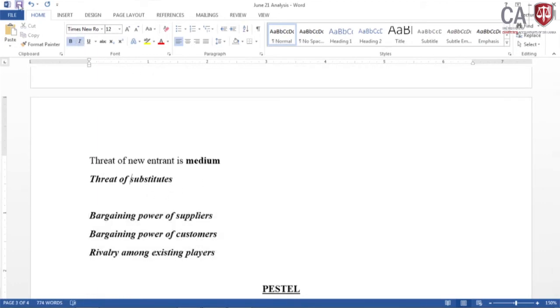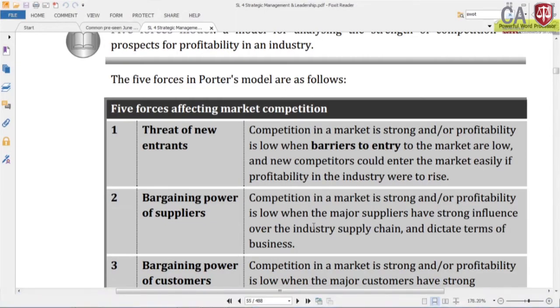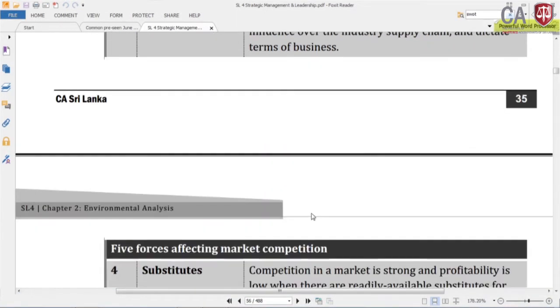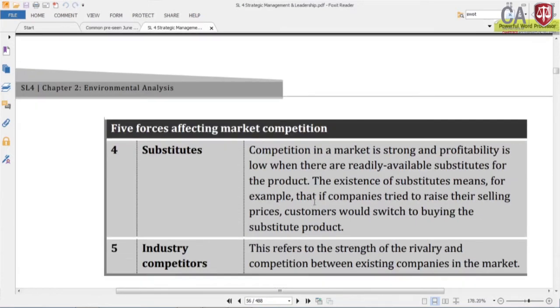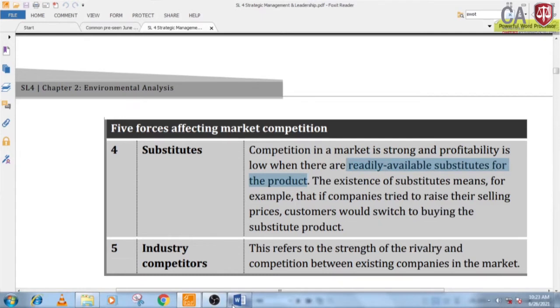Right, we will look at our theory part there. Threat of substitutes: competition in the market is strong and profitability is low when there are readily available substitutes for the products. Do we have readily available substitutes for the product? We will check that point.